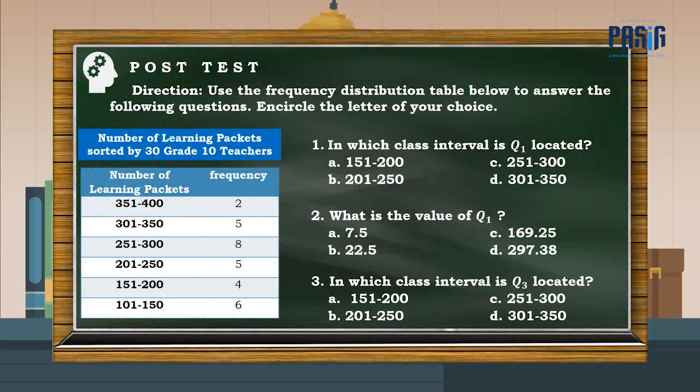Let us have the post-test. Use the frequency distribution table below to answer the following questions. Circle the letter of your choice. The table shows the number of learning packets sorted by 30 grade 10 teachers.